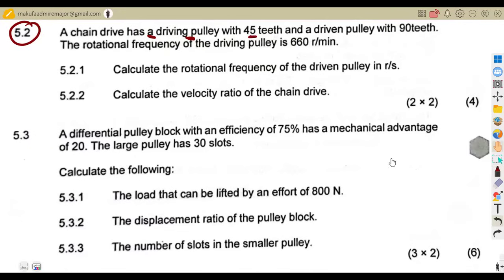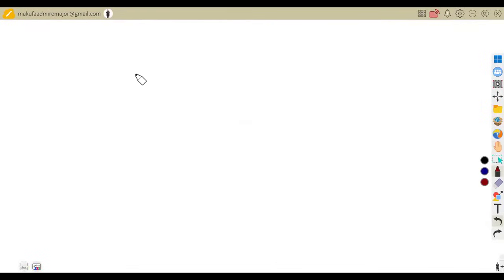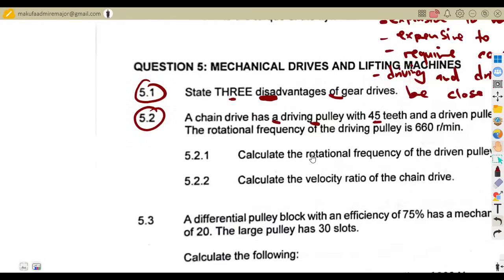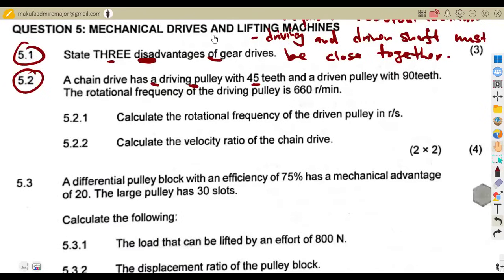I'm just going to use the driver as 1 and the driven as 2. For more of this, check the separate video on mechanical drives and lifting machines, where this same question paper is explained, even with the diagrams.